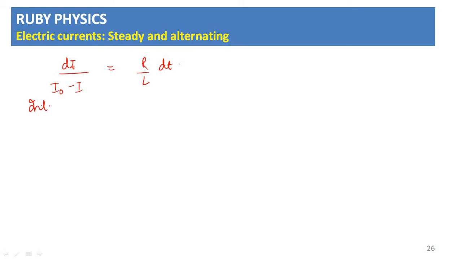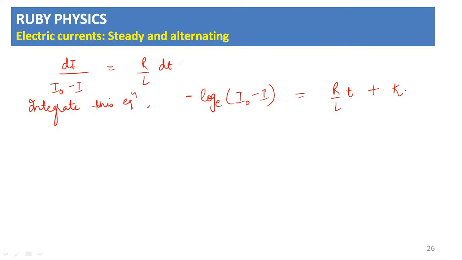We integrate this equation, and the integral of 1 upon I naught minus I will be equal to log base e of I naught minus I, with a minus sign because the differential of I naught minus I with respect to I is minus 1. On the right side it will simply be the integral of R upon L dt, which is R upon L t plus a constant k, the constant of integration.